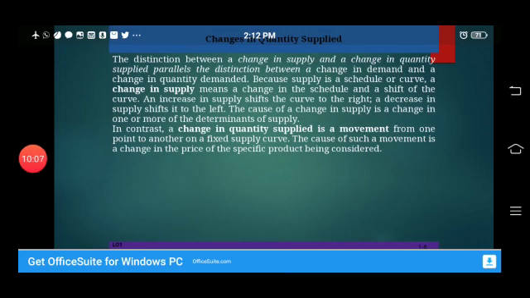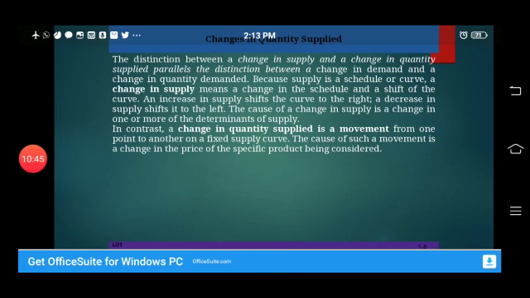Now, change in quantity supplied. The distinction between the change in supply and the change in quantity supplied parallels the distinction between the change in demand and change in quantity demanded. Because a supply is a schedule or a curve, a change in supply means a change in the schedule or the shifting of the curve. Remember that if there is an increase or decrease in the price, it will be a movement along the supply curve from one point to another point.